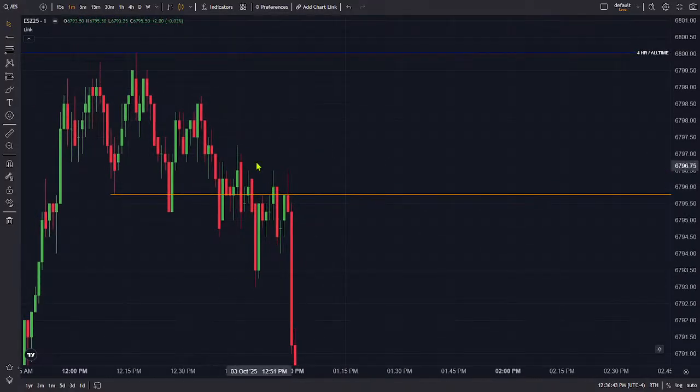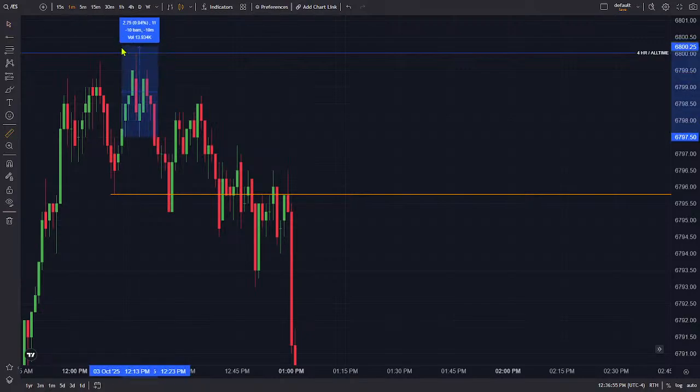So that one would be the only one I could say you could use, this fair value gap, and your stop would have to go above the high. So you would have entered in here, and your stop would have been up here. That's actually not bad. 2.5 points, 5 points with a full size ES is $250. So you would only be risking here, what, $100, $125?